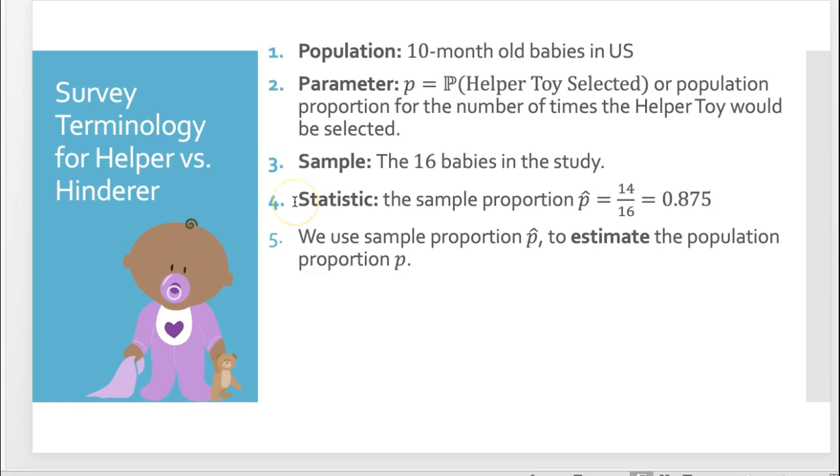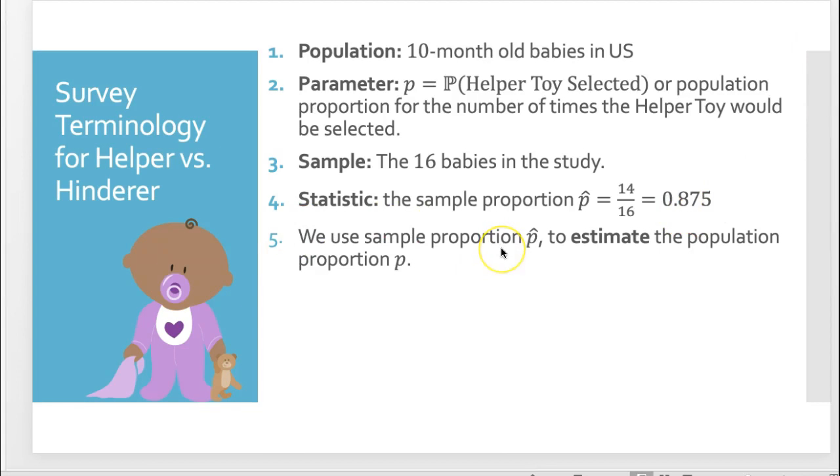And so our statistic here was really the sample proportion. Here we have the notation following the book, which is a p hat. That's usually what they call it, a p hat, with a little caret on top. This p hat was equal to the proportion: the number of babies that selected the helper toy over the total number of babies, and that gives us 0.875.